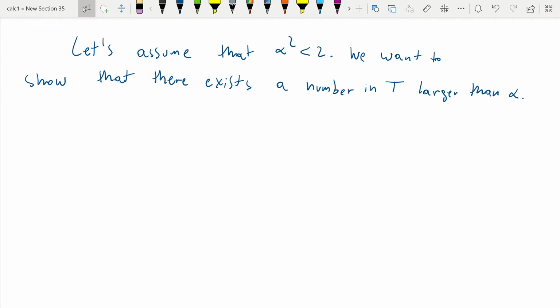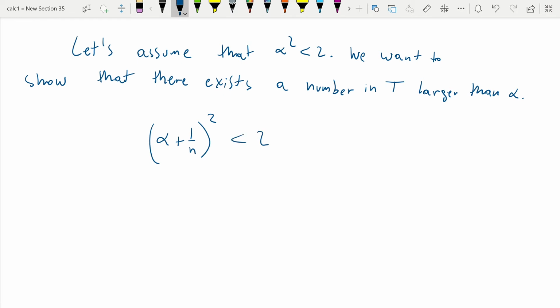Yes, the simplest candidate here would be a number of the form alpha plus 1 over n. So something really small. Here n is not known. We're going to try to find such a number n such that this is still less than 2.